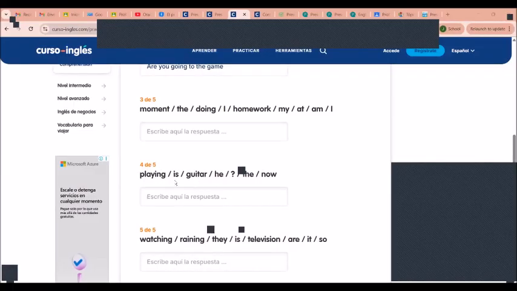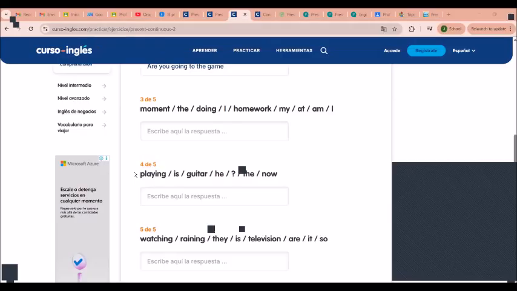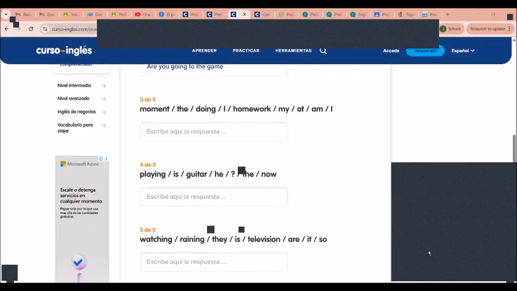That's the verb. Is he playing the guitar now? All right, remember the structure: your verb to be, then your subject, your -ing, and then your context. Is he playing the guitar now? Repeat. Is he playing the guitar now? Good.